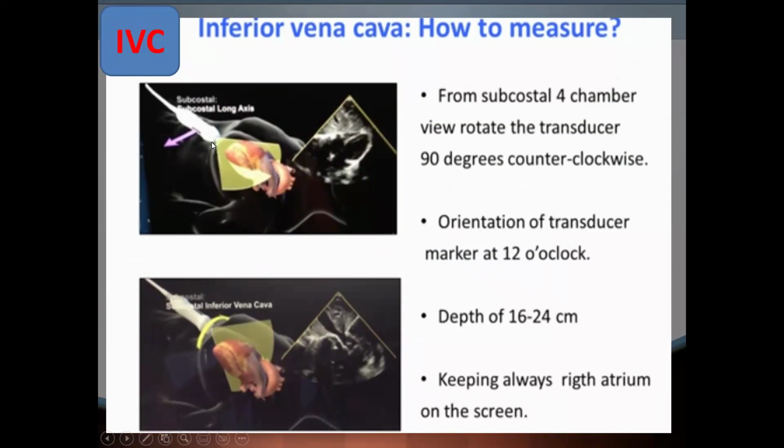If you are using echo for the subcostal view, you have to know that we have an indicator on the probe or transducer. The mark has to be at the 3 o'clock of the patient, pointing towards the left arm of the patient. So first you get the subcostal four-chamber view, with the pointer to 3 o'clock, or the left arm of the patient.